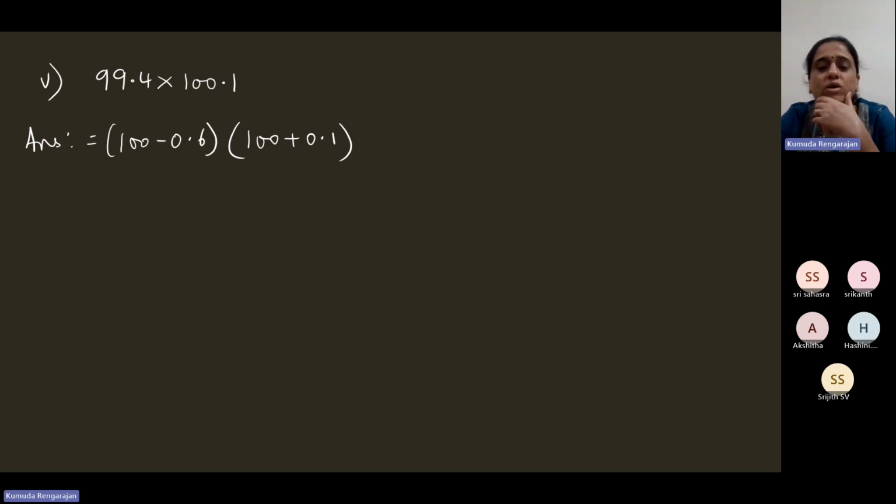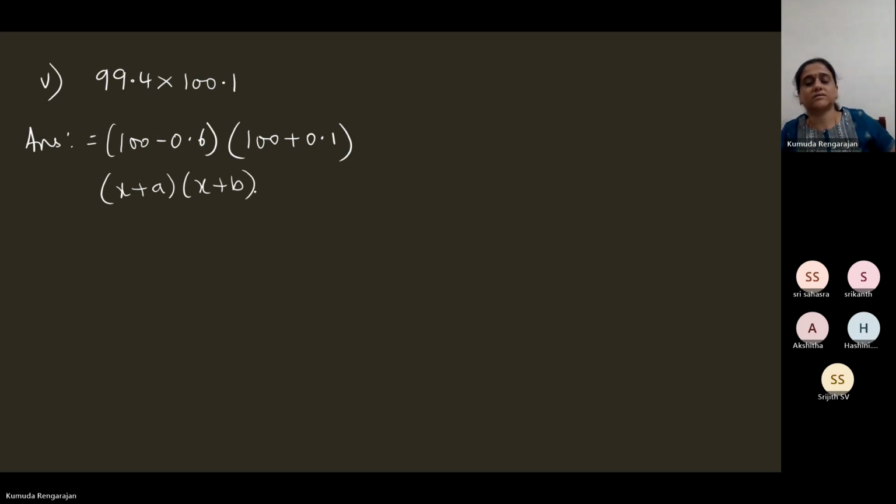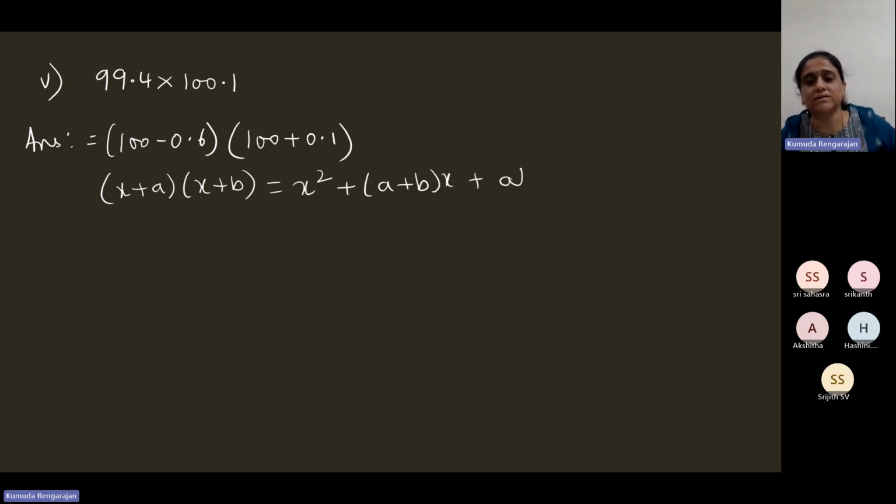No, this one looks like what? (100 minus 0.6) into (100 plus 0.1) is of the form x plus a into x plus b. You said the answer: x squared plus (a plus b) of x plus ab.